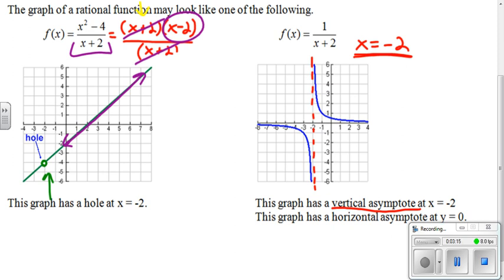Now notice there's also a horizontal asymptote here at y equals 0. And why is that? Because if we set f of x equal to 0, 0 equals 1 over x plus 2, this will never ever happen, because 0 can only occur if 0 is in the numerator and something else is in the denominator.